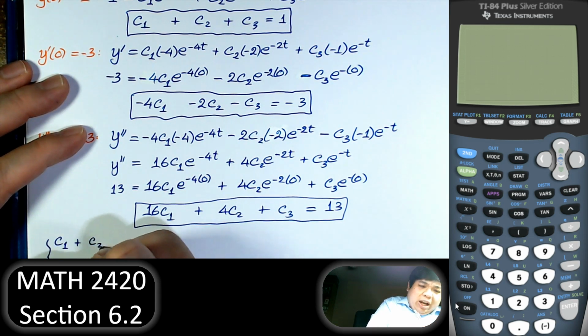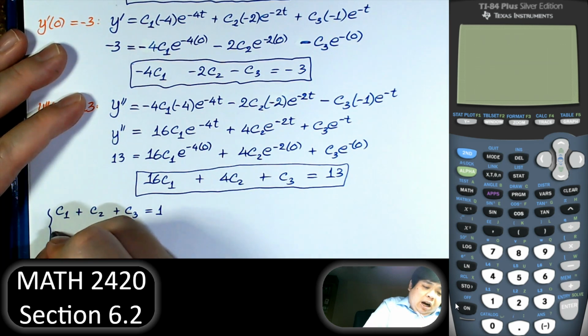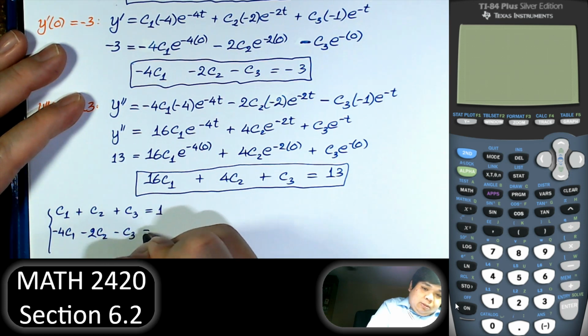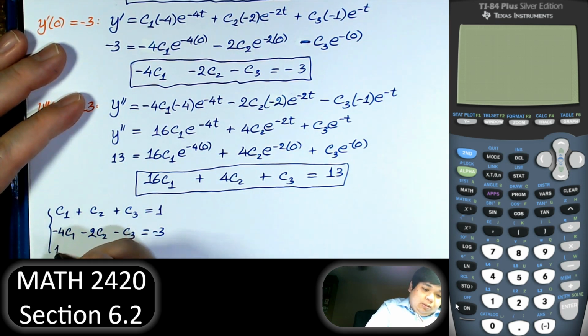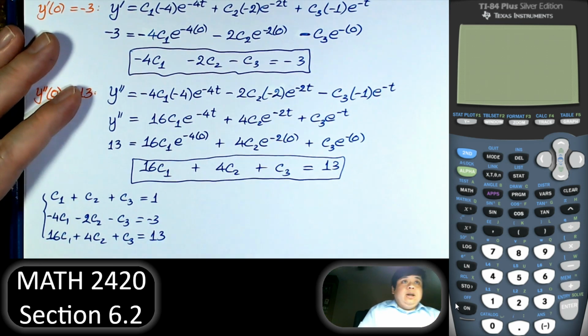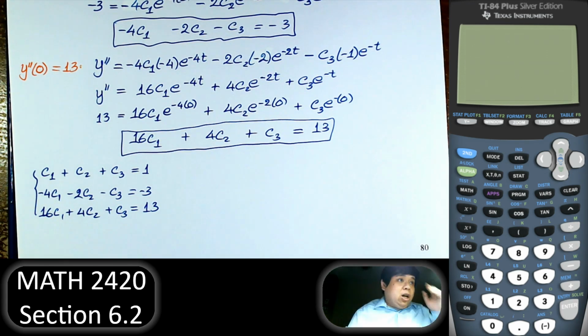Of course we can use elimination or substitution by hand, but later on I recommend that we use a calculator for this problem. So we have the system of equations, so we use the matrix to do this.